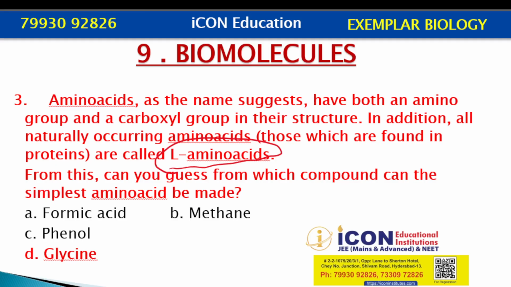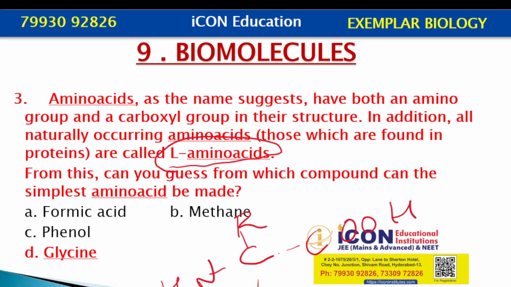That means, see the amino acid structure, the alpha carbon is there in the center and it is having a carboxylic group and amino group, an R variable and hydrogen. So from which of them is the simplest amino acid?